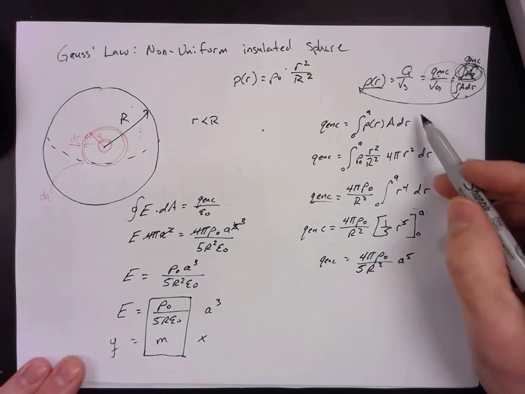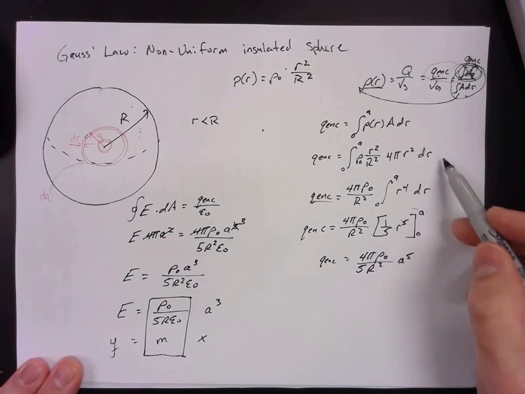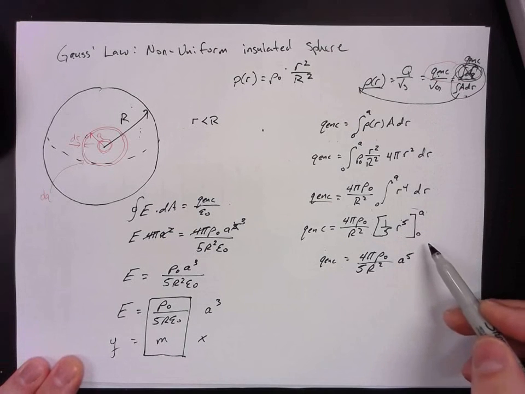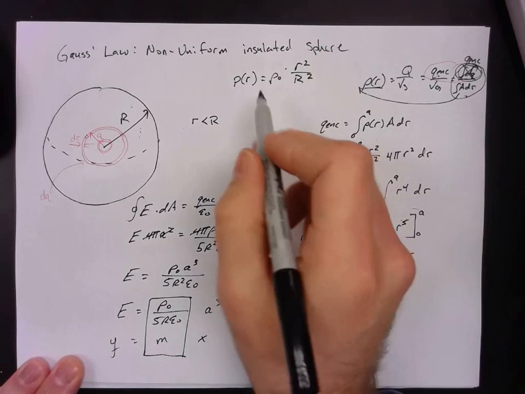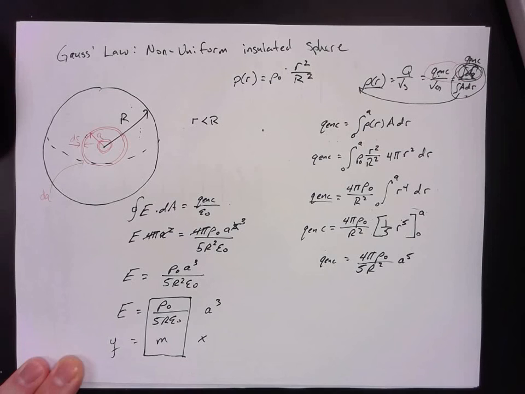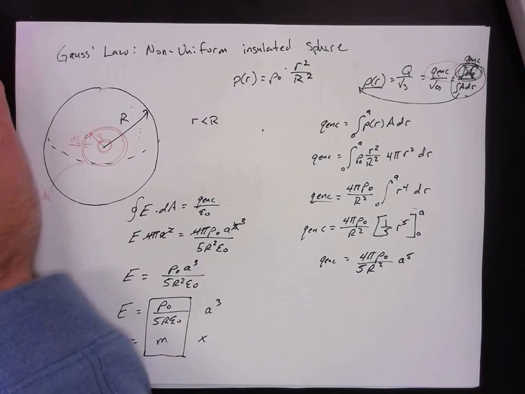I'm going to do a few more videos of examples of varying charge densities so that we can see how to handle different functions. So hopefully that is easy to follow.